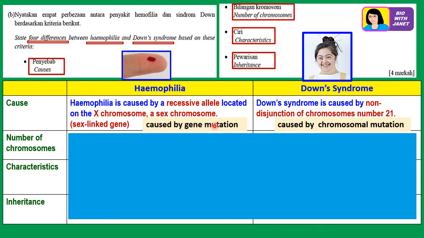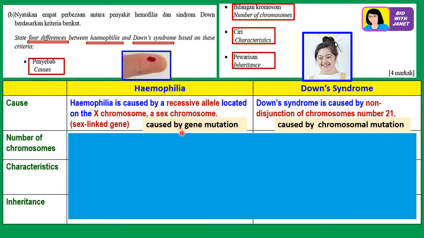Now, another point you can add is that the recessive allele for hemophilia is caused by gene mutation, actually, whereas the Down syndrome child is caused by chromosomal mutation because there's an extra chromosome 21 in each diploid cell, right?